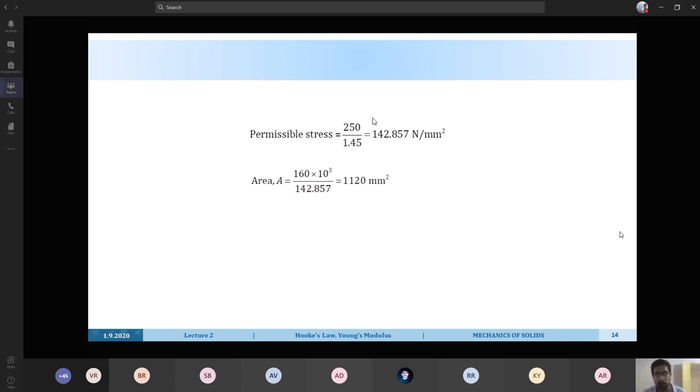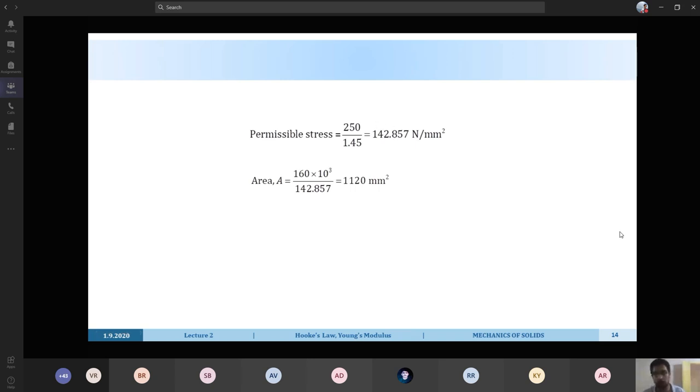Again, the working stress means that in our structure, the stress is given by load by area, and the maximum stress for that structure is the yield stress, and the working stress should not exceed the yield stress. That's why we are giving the term called factor of safety, and this is the maximum stress on which we can work.